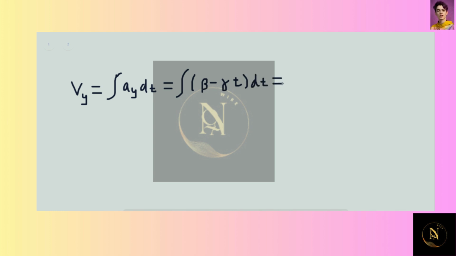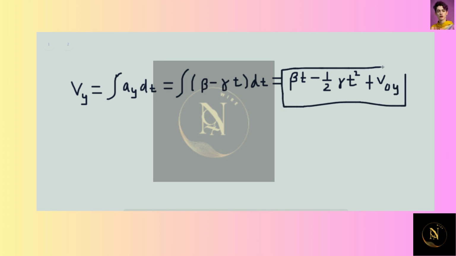Carrying out this integral, we find that this is equal to beta times time minus 1/2 gamma times time squared, from the integral you get that 1/2 there, plus the initial velocity in the y direction, v naught y. So there's the second part. Those two together give you the total velocity as a function of the velocity in the x direction and the velocity in the y direction, as a function of time.